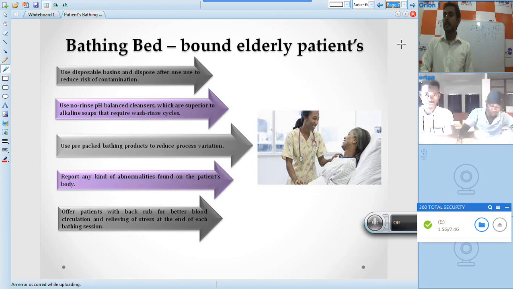For elderly patients, the important point is that you need to give a back massage or back rub, so that the blood circulation of the body can be maintained while giving the elderly patient a bath.